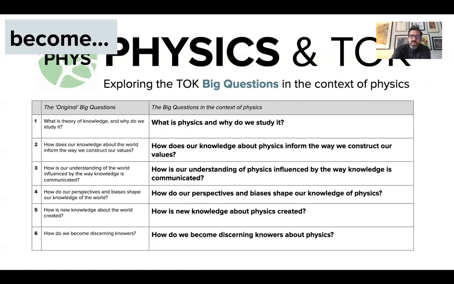So that original big question becomes, how is our understanding of physics influenced by the way knowledge is communicated? In other words, the kind of language that we use, maybe the visual representations of concepts in physics that we use, the clarity with which experts are able to deliver ideas in physics.